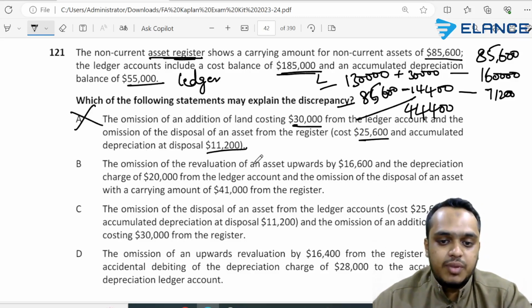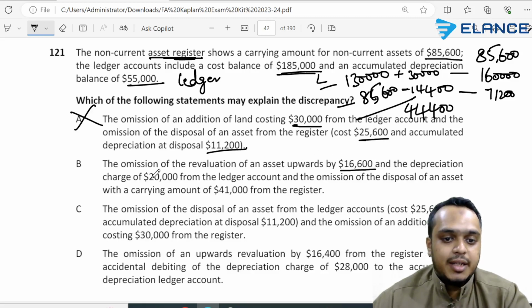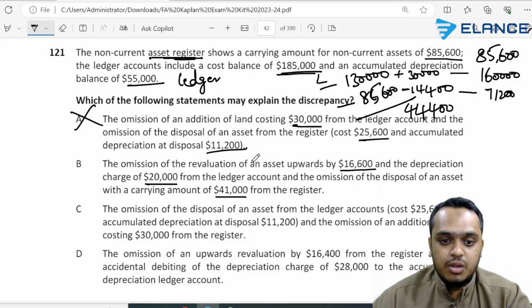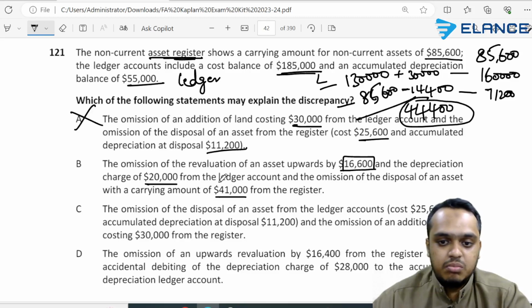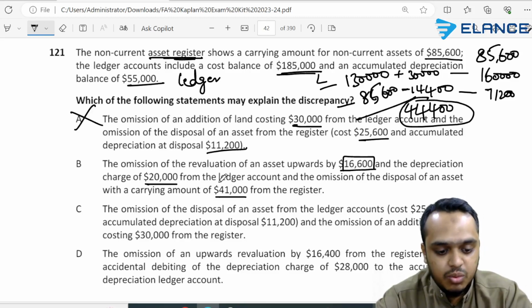Then the omission of the revaluation of an asset upward of 16,600 and the depreciation charge of 20,000 from the ledger accounts, and the omission of the disposal of an asset with a carrying amount of 41,000 from the register. First of all, the total of the difference is 44,400, and this 16,600, 20,000 and 41,000 is nowhere matching up if I have to do that total.